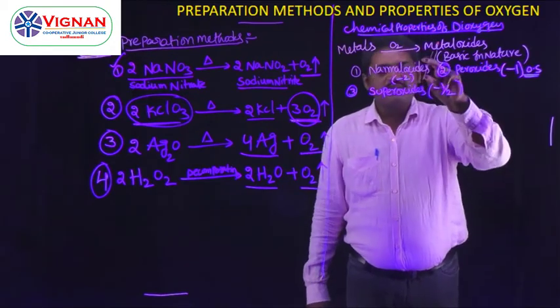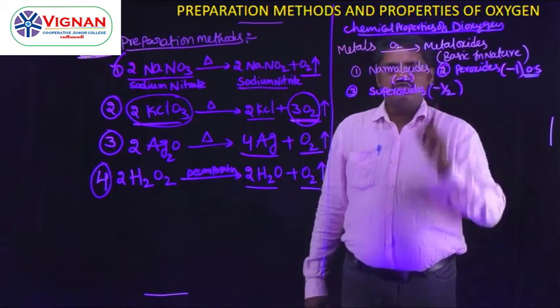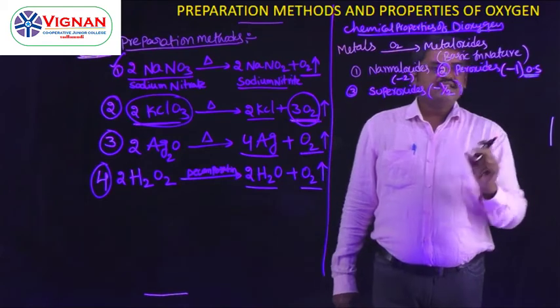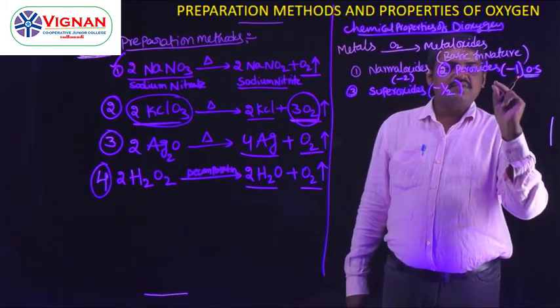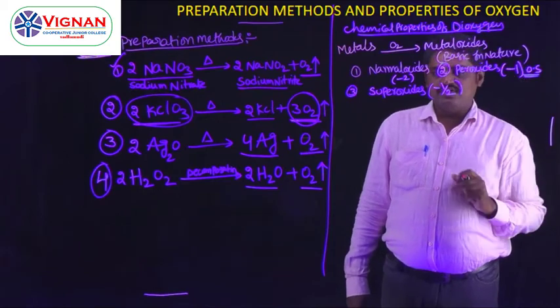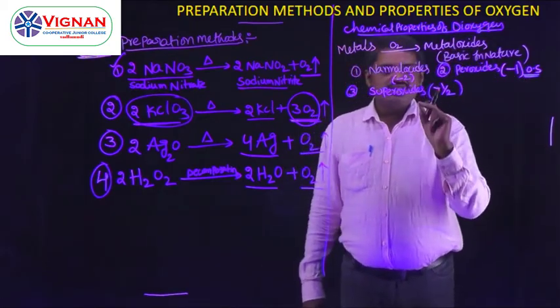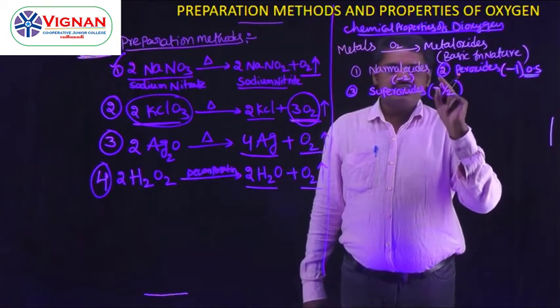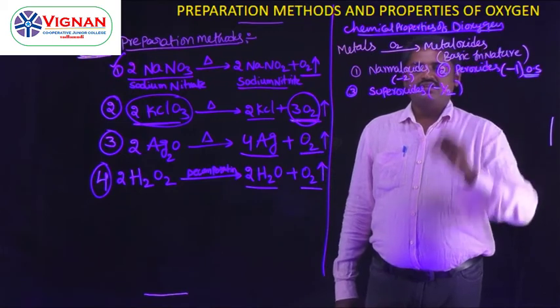In normal oxides, each oxygen exhibits -2 oxidation state. In peroxides, each oxygen atom's oxidation state is -1. In superoxides, each oxygen atom's oxidation state is -1/2. This is the explanation for metal oxides.